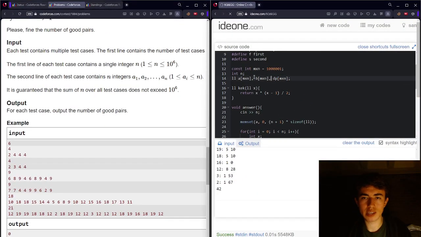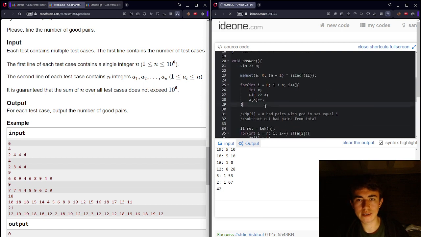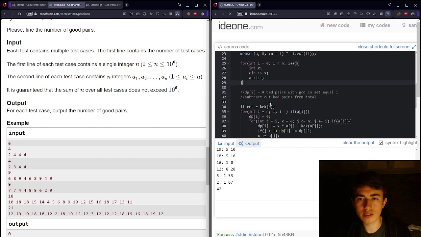So all we have to do is add an extra array. And then we just first go through it.